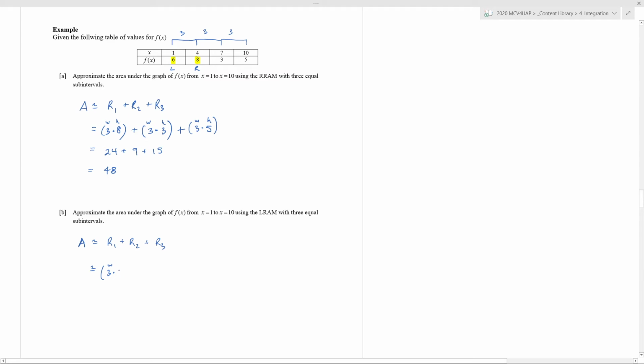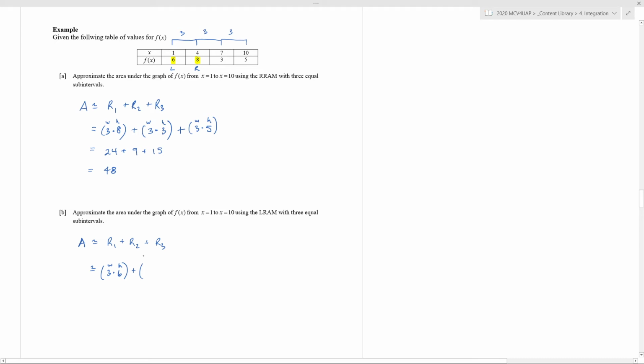Okay. When I go to the second rectangle, I'm using these data points, 8 and 3. Maybe I'll just erase that so it's not confusing. I'm using for rectangle 2 these data points, 8 and 3.